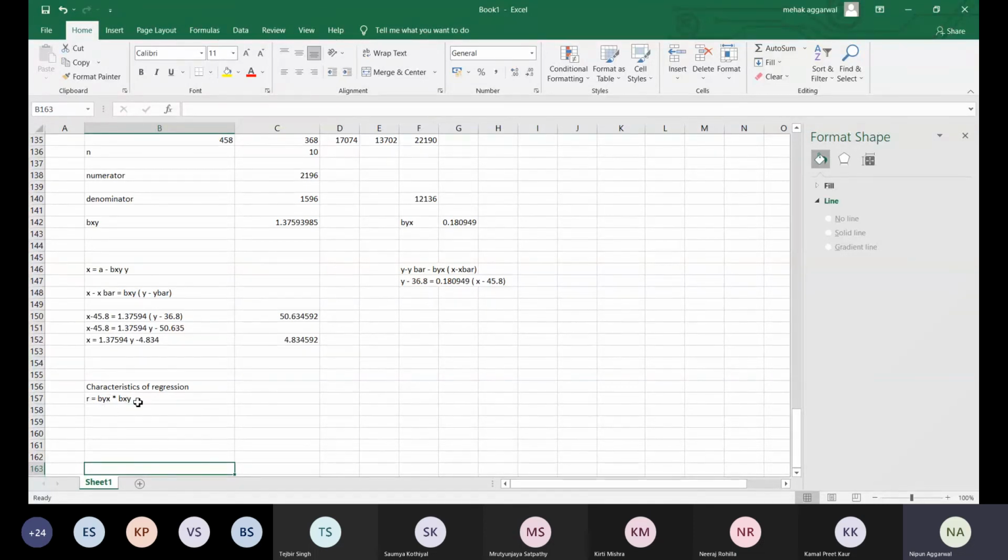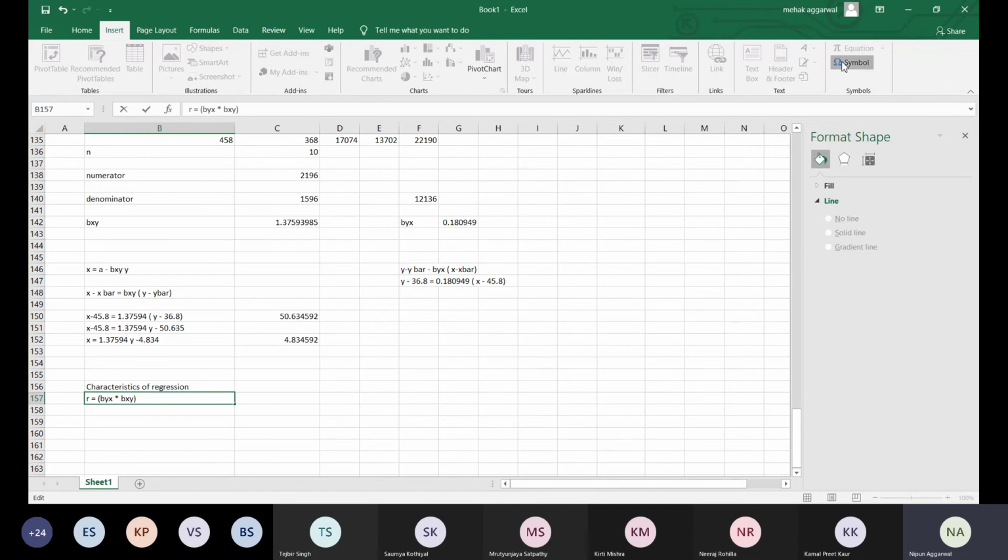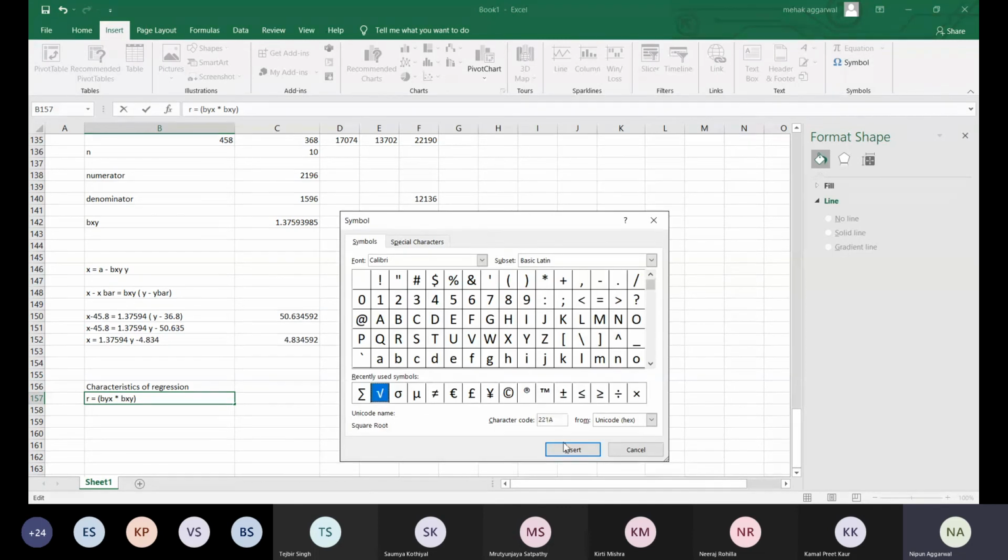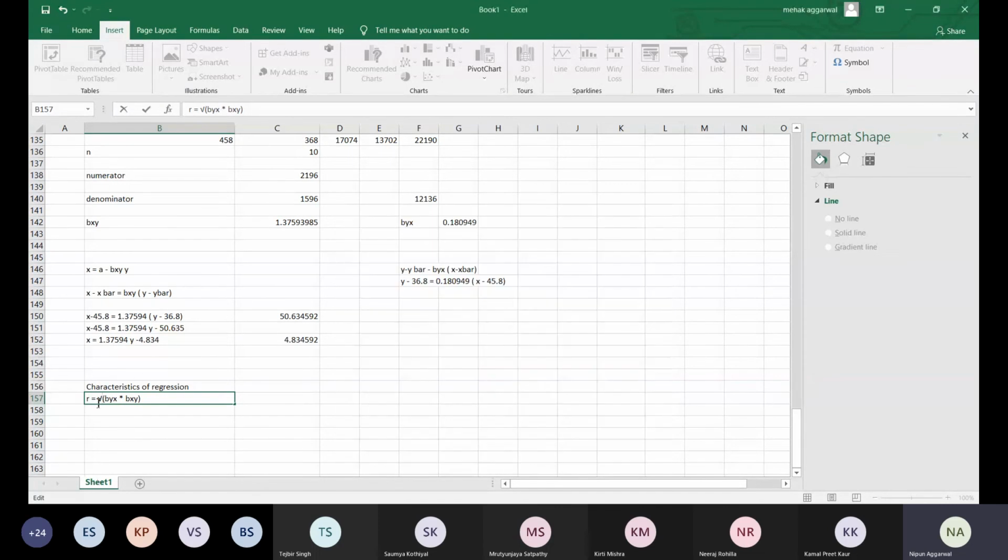We multiply both and take the under root of the same. So the formula becomes R is equal to under root of Byx into Bxy. From this particular formula, the characteristics of regression will come.